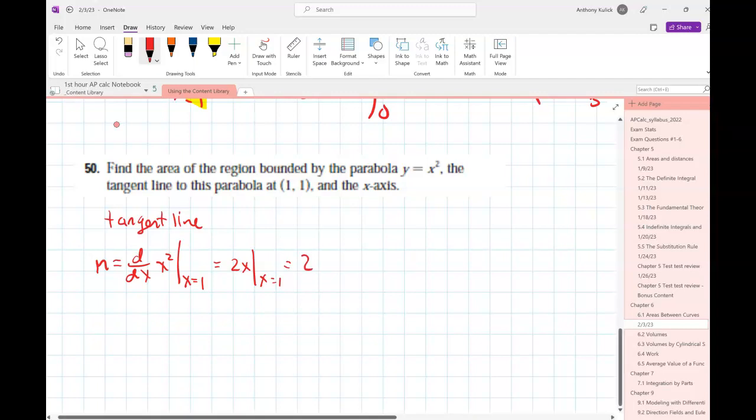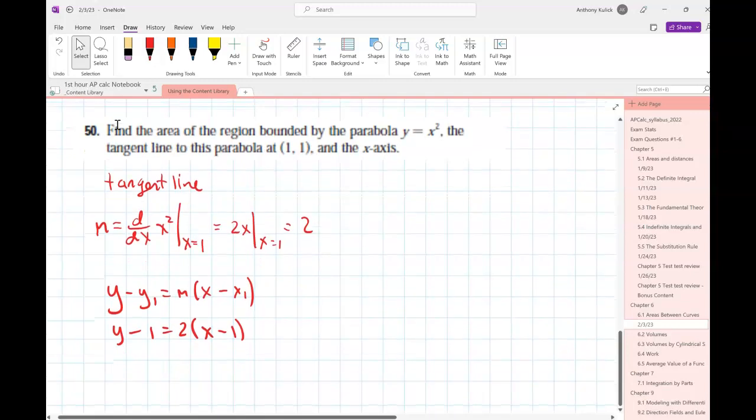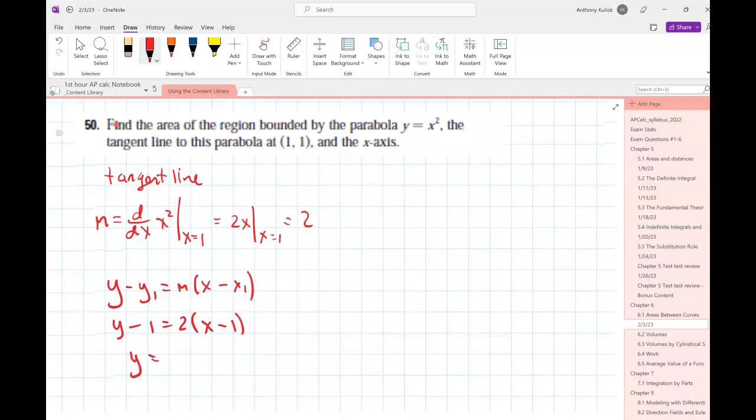So the slope is 2. If I write my point slope equation, I have y minus 1 equals 2 times x minus 1. I distribute through my 2 and then add over my 1. And there's my equation for my tangent line.